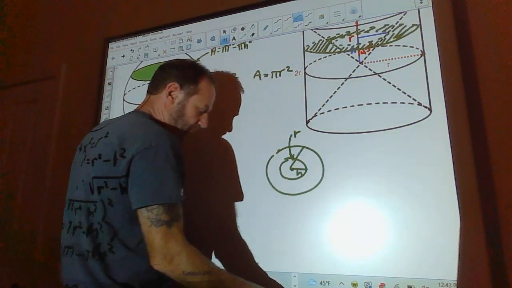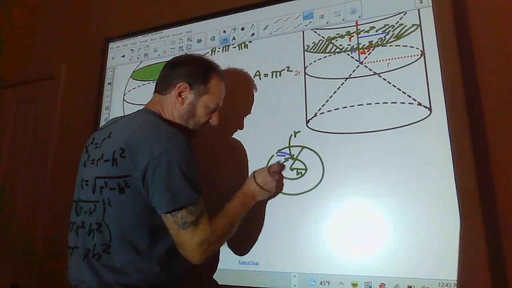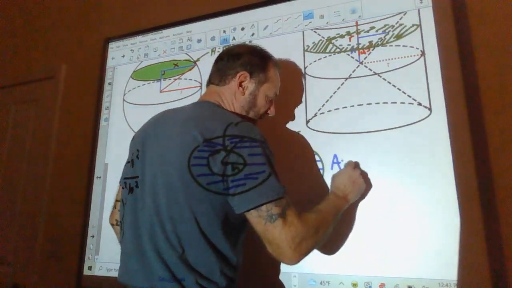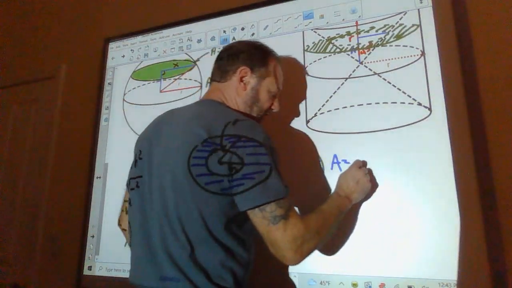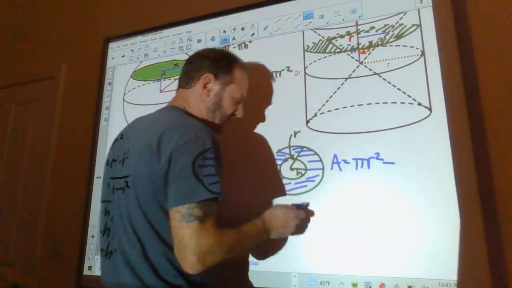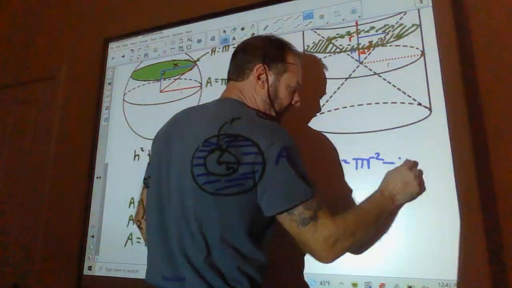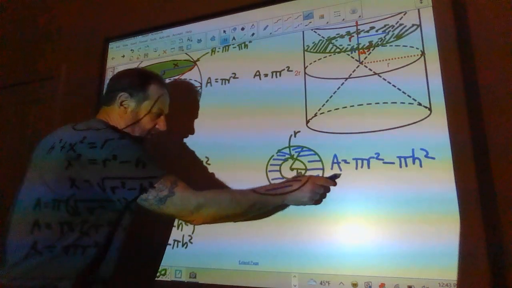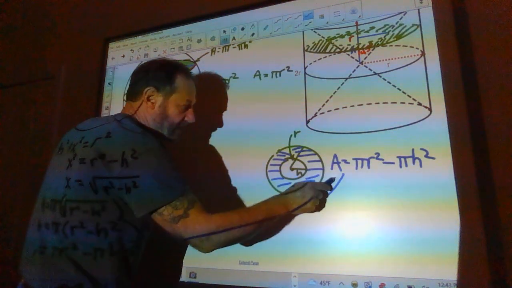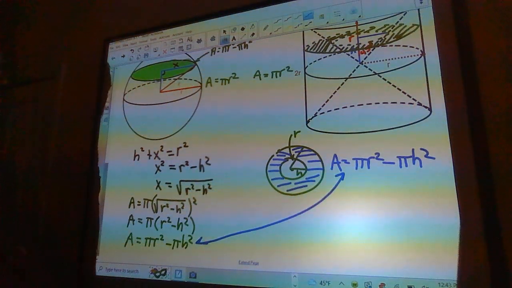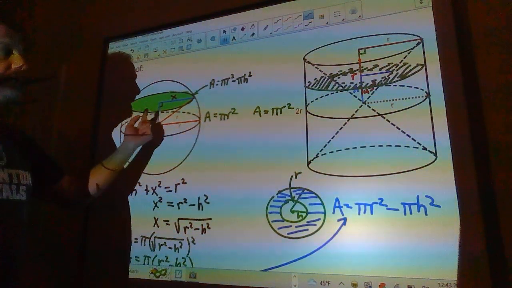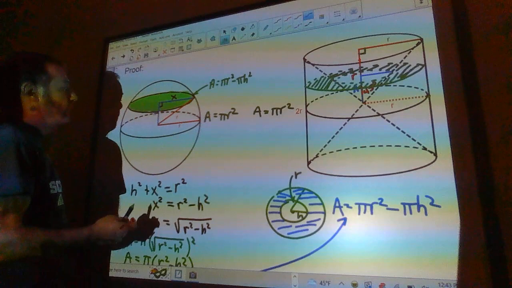So the area of the ring, which is this blue part right here, the area of that's going to be the area of the big circle, which is pi r squared, minus the area of the small circle, which is going to be pi h squared. And hey, that's exactly the same thing as that right there. And since I used a variable, I came up a distance of h, it doesn't matter what that number is.